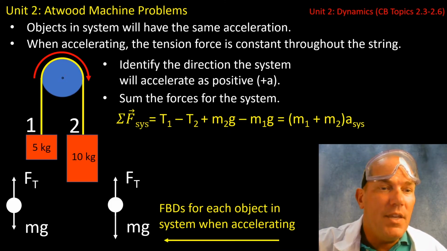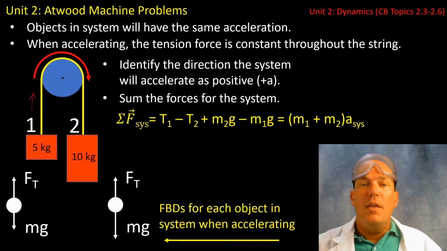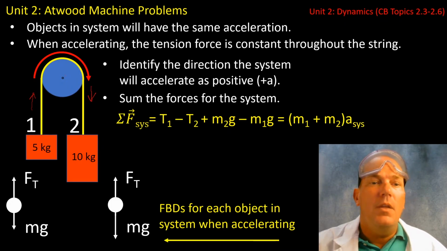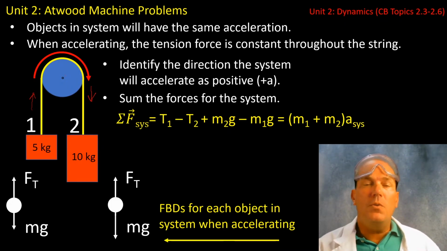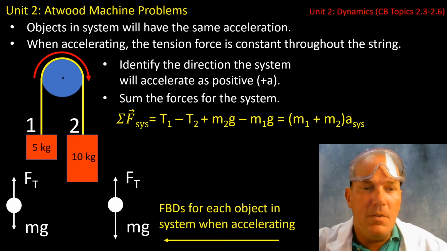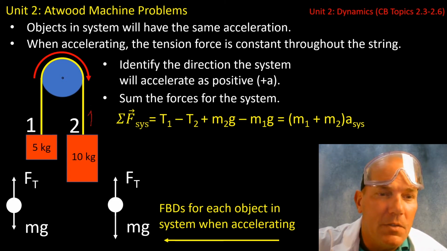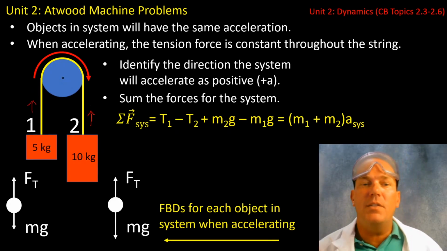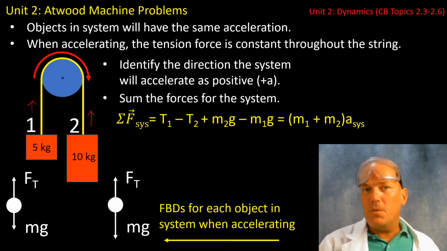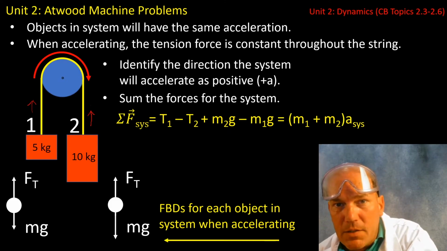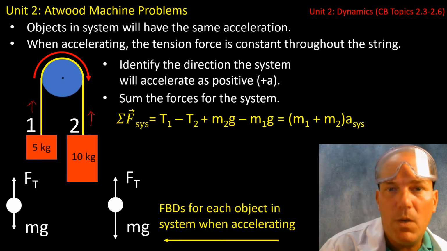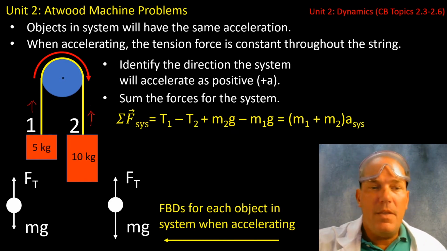Well, that is in our positive direction. If you look at tension force 2 here, my goodness, that is in the opposite direction of our defined positive acceleration. So tension force 1 is going in the direction of the acceleration. Tension force 2 is opposing that, which is why I've subtracted T2 from T1. Then we have M2G.